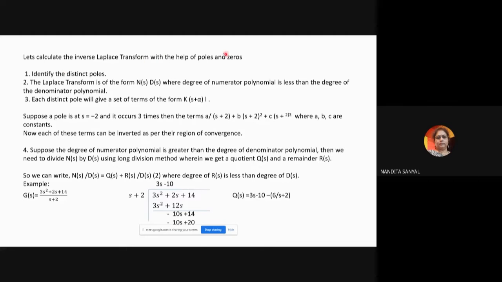To find this, we have to find the distinct poles and the Laplace transform of the form N(s) by D(s), where the degree of the numerator polynomial must be less than the degree of the denominator polynomial. Each distinct pole will give a set of terms of the form k into (s plus alpha).